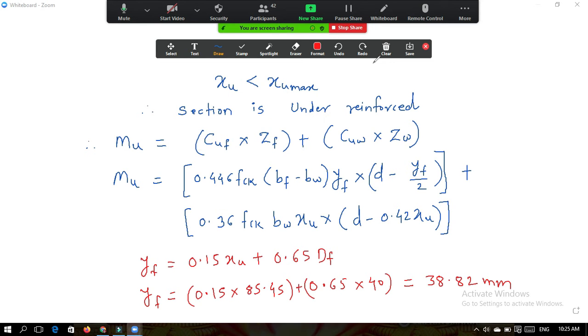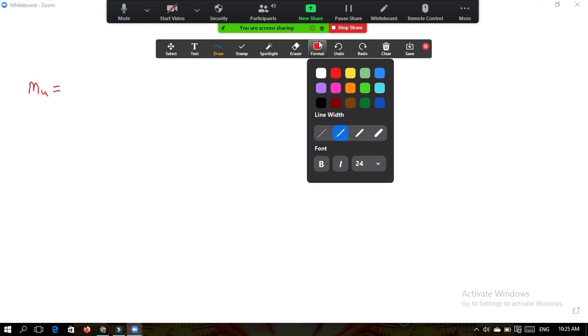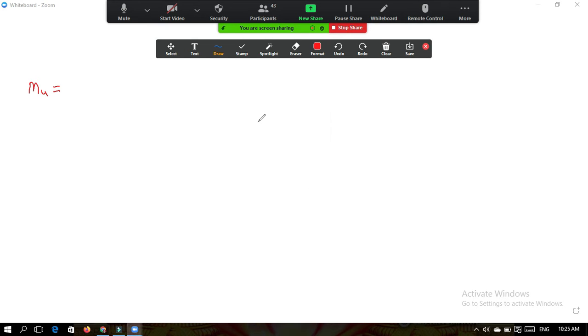Now you just need to put all the values in the formula to get the answer. So now further, we will put the values. Mu is equal to 0.36 into 20 into 230.